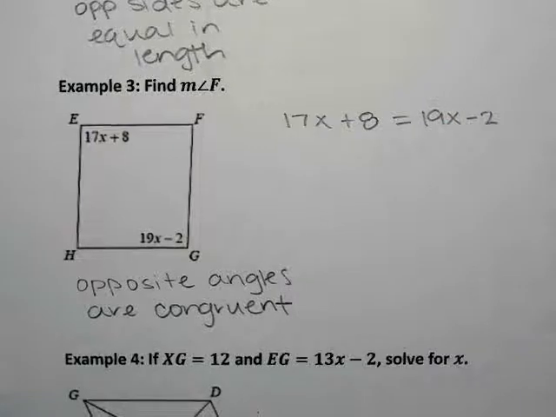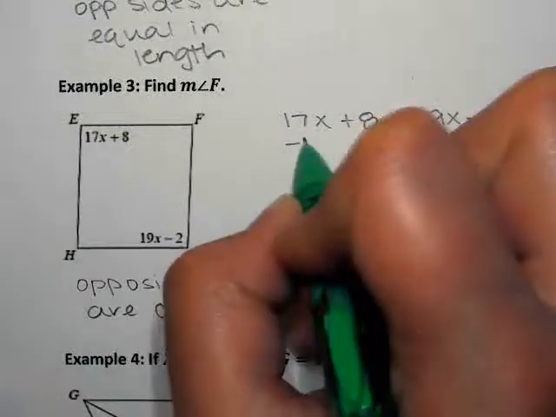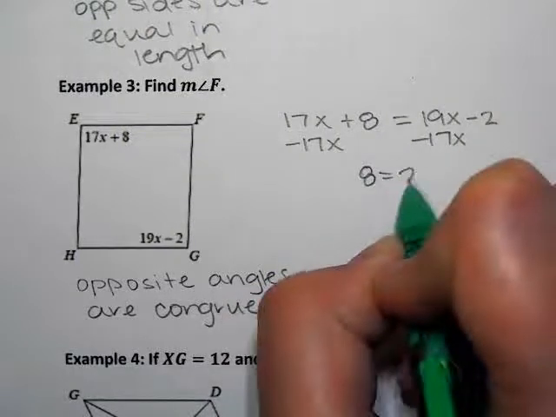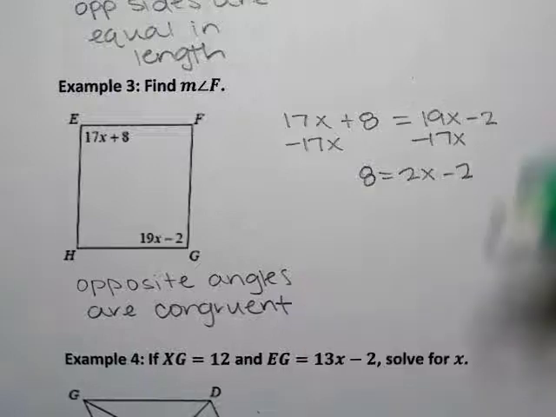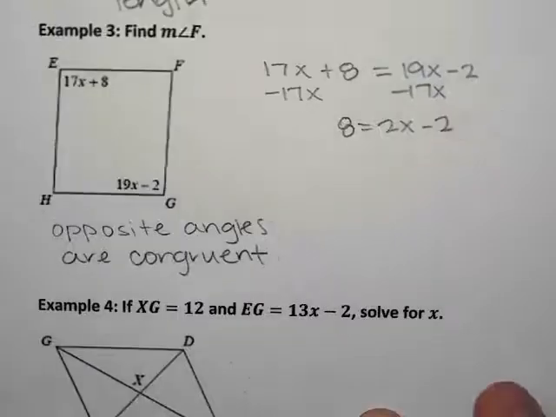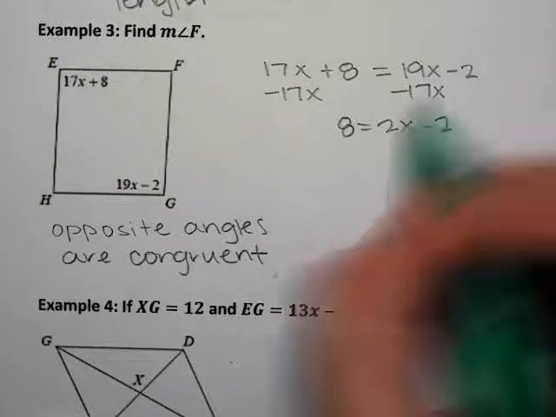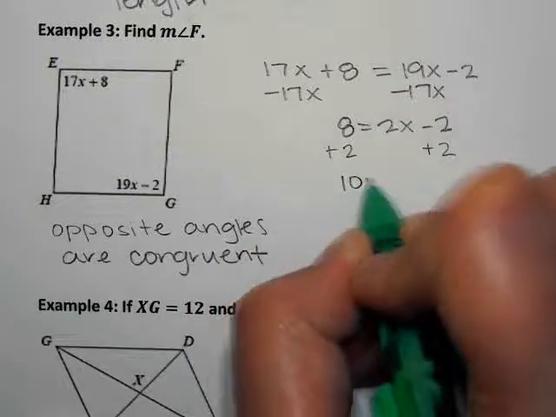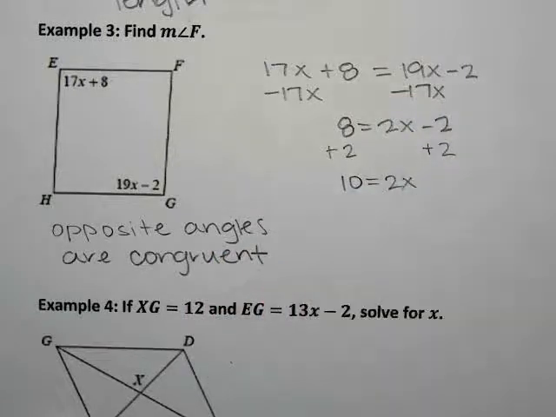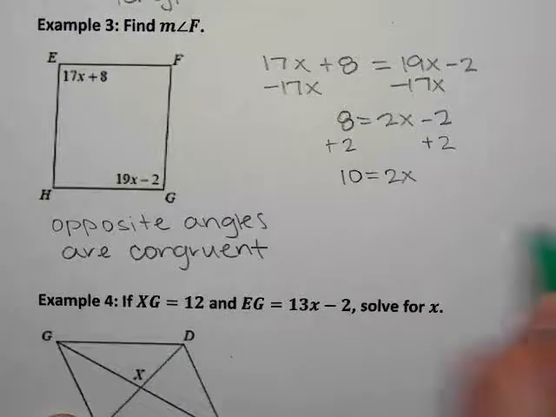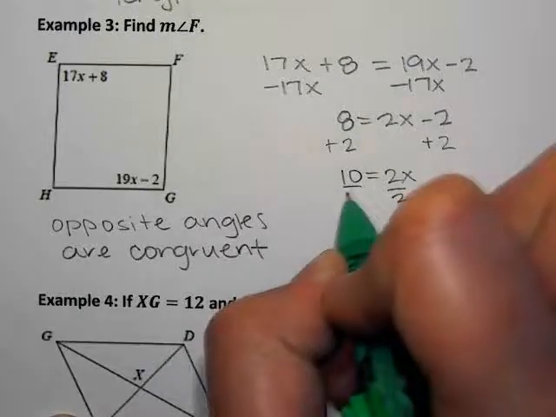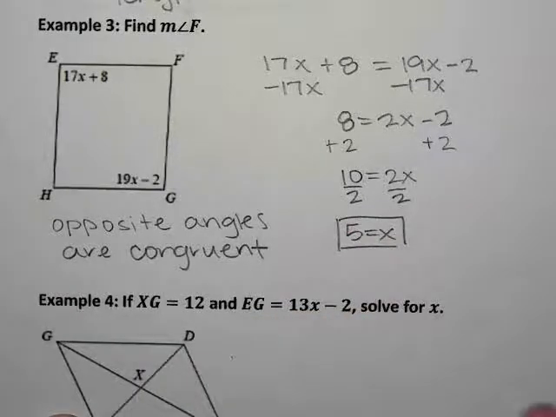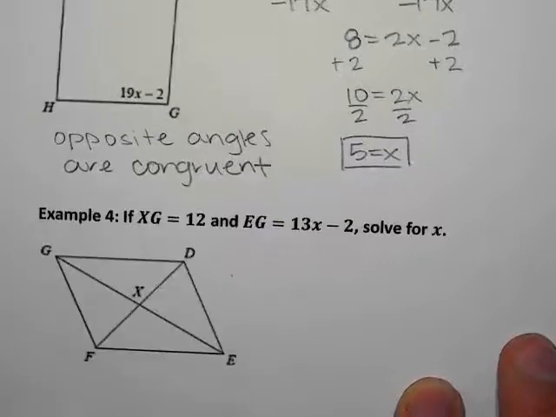All right, minus the 17x. Then we're isolating the 2x over here, so I can just add the 2 over to the other side. Divide by 2.